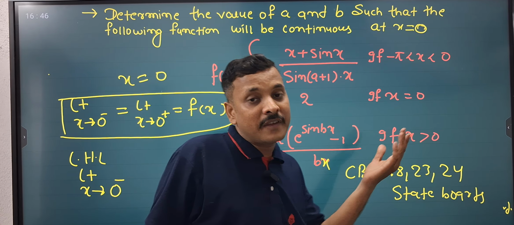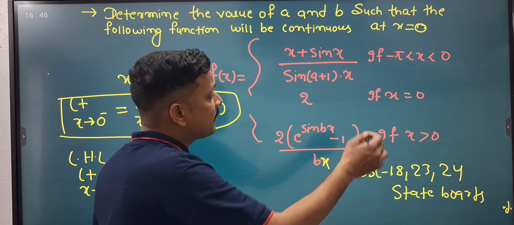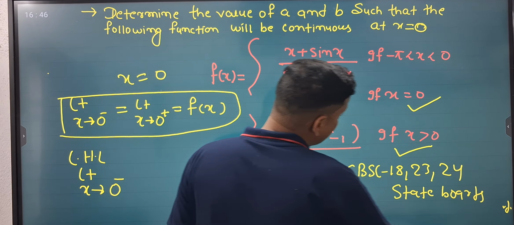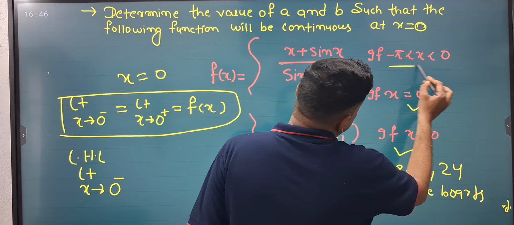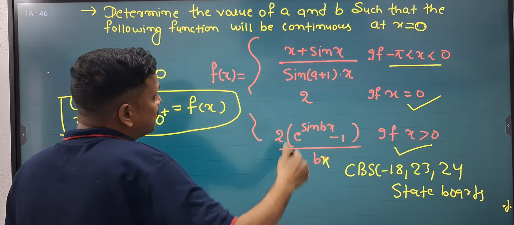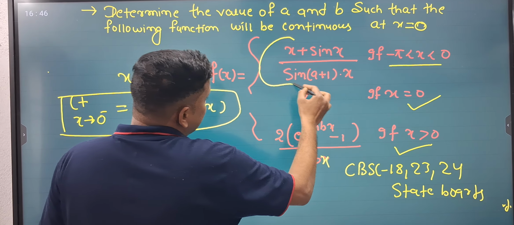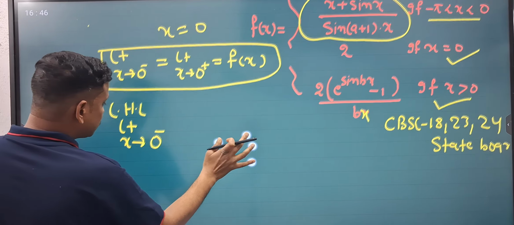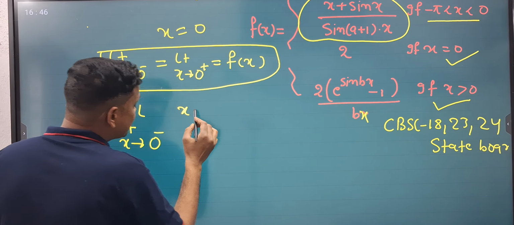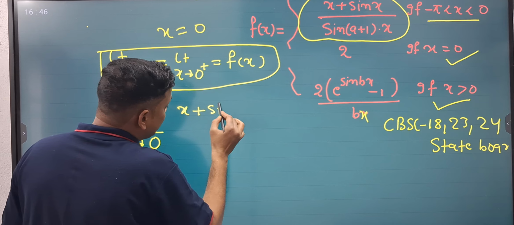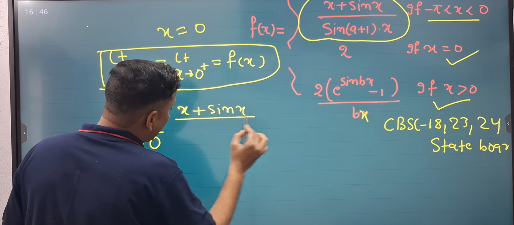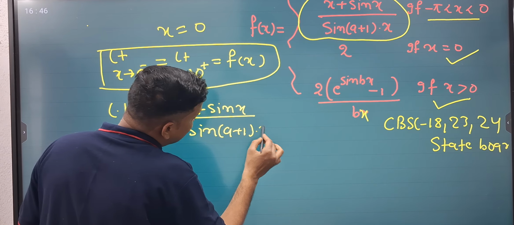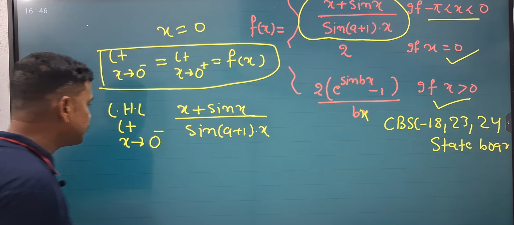You have to check: here is x equals 0, here is x greater than 0, so this is x less than 0. So you have to take this function for the LHL limit. So for the LHL limit, the function will be (x plus sin x) by sin((a plus 1)x).